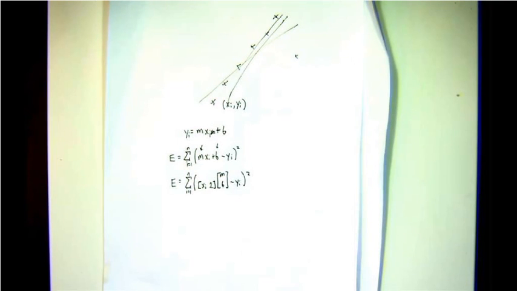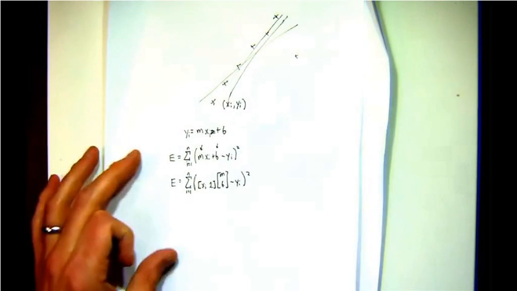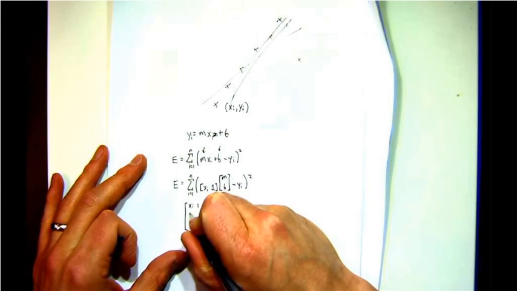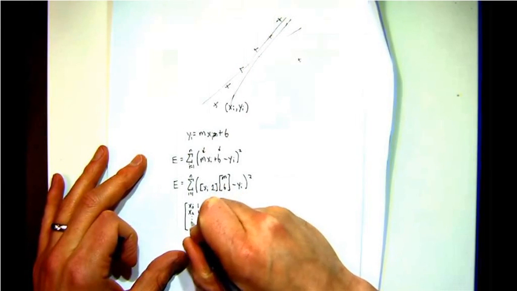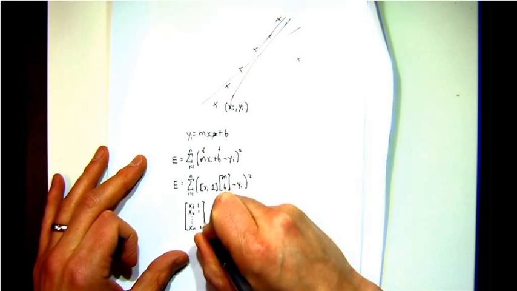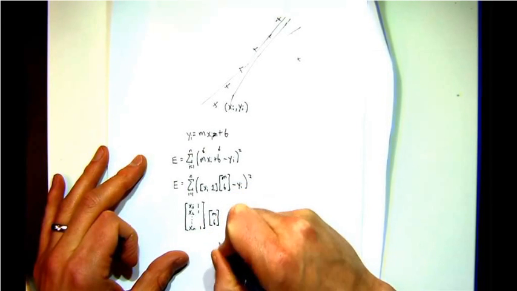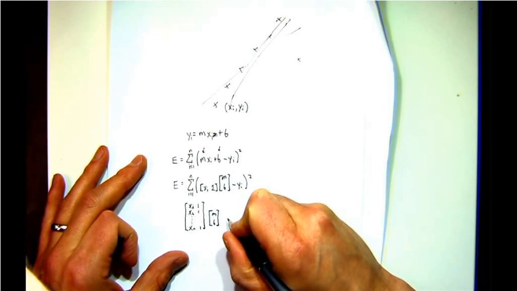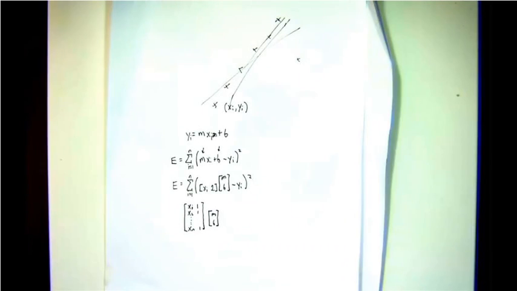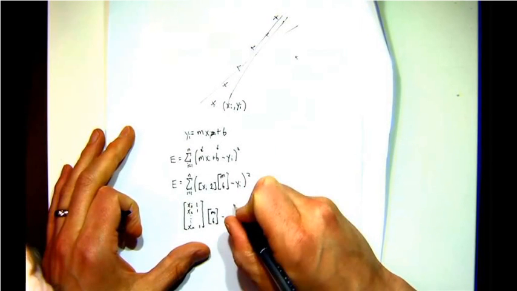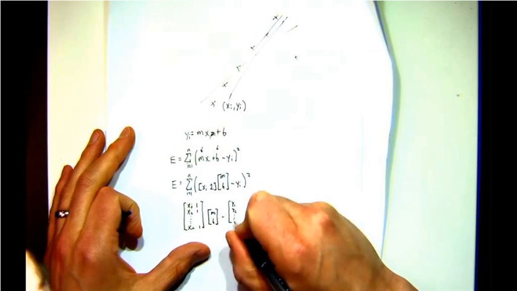This entire expression can be written out as the matrix with rows [x1, 1], [x2, 1], dot dot dot, [xn, 1], times [m, b], minus the vector [y1, y2, dot dot dot, yn].